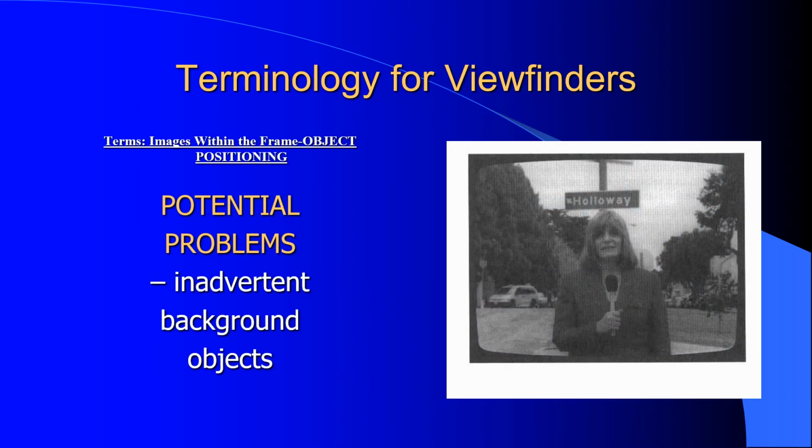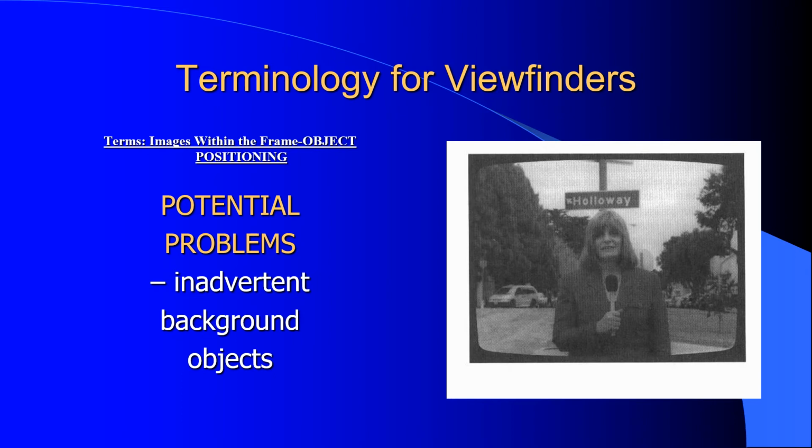There, of course, are problems that you need to be aware of as you are placing particularly subjects in specific spaces within the frame. Of course, with this one, first off, the woman looks as if she's got a sign above her head that just shouldn't be there. There's an imbalance here. But then if you look a little more closely, she has a pole coming out of her head.